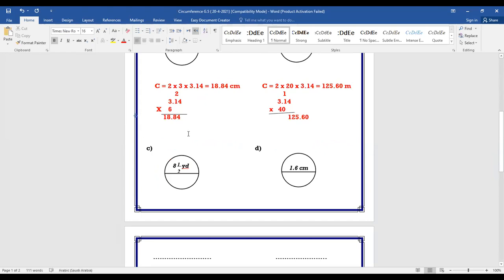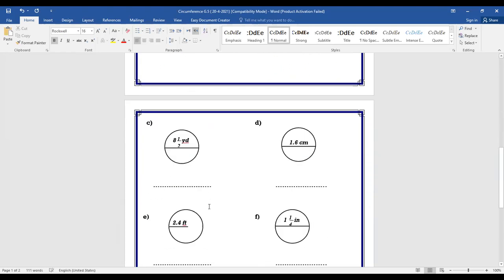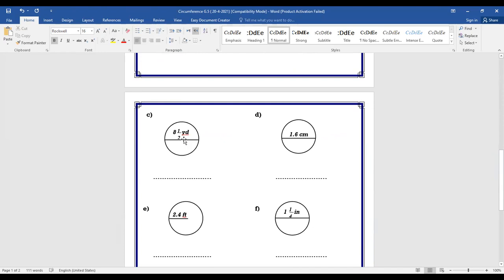In the next, in C, we have the diameter. Diameter 8.5. Firstly, 8.5 is the same, we use a decimal. If we have the diameter, what will you do? We multiply.